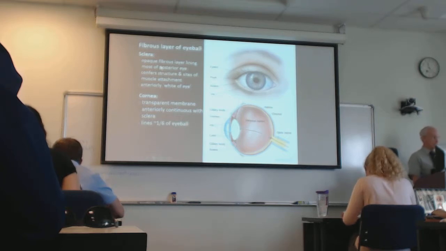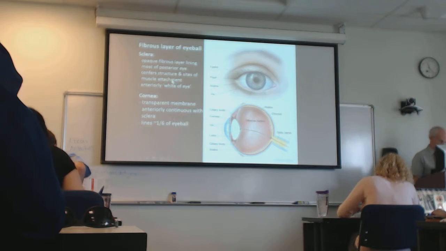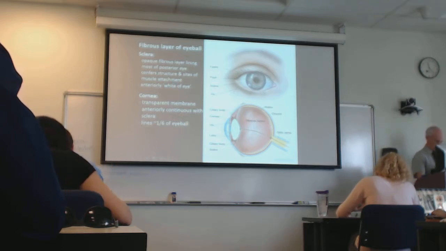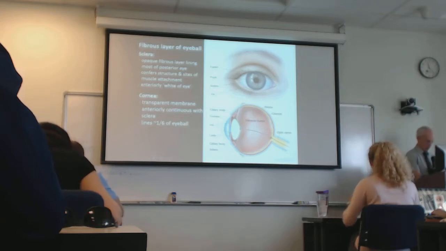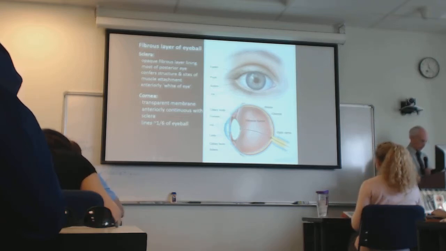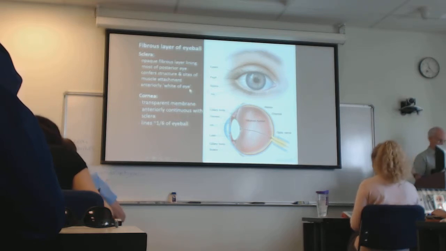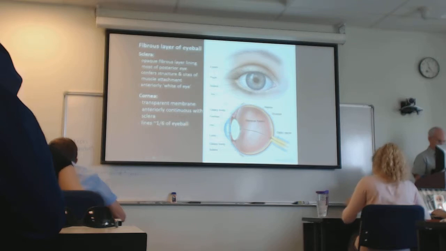The sclera is the thick, dense connective tissue that forms the greater part of the encasement of the eye. And then the cornea overlies that, is adjacent to and overlies the visual portion of the eye anteriorly. Remember that it's a non-keratinized stratified squamous epithelium. And then you can see here the fibrous, the vascular, and then the retinal layers.